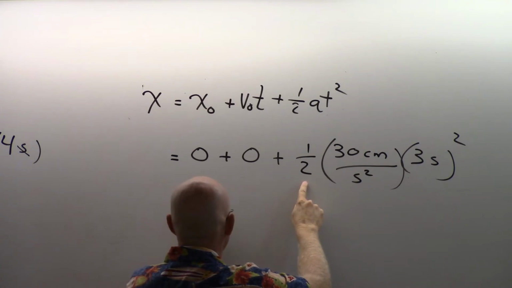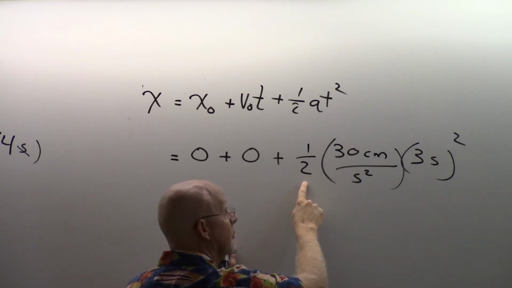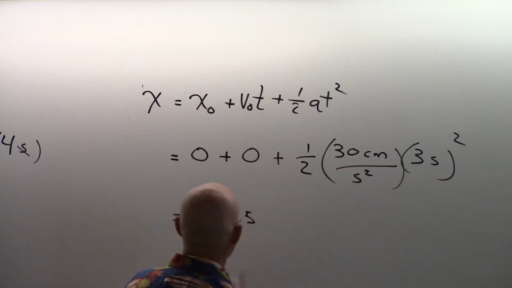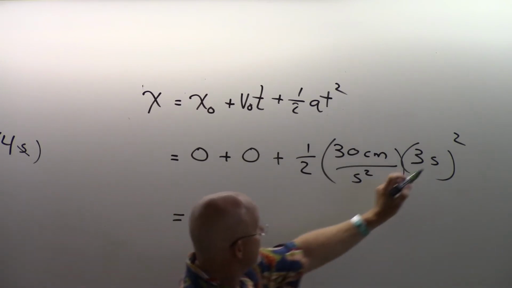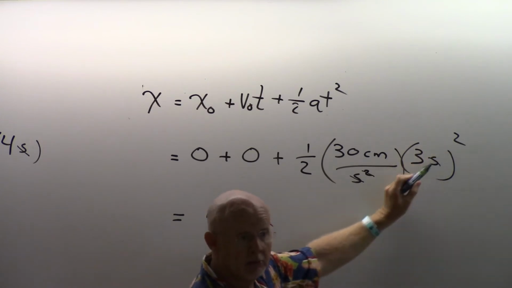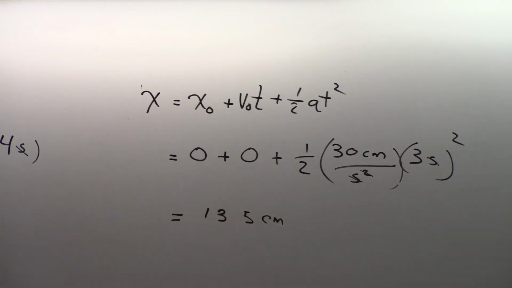Half of 27 is 13.5. Oh, and then a 0. So 135. Seconds squared would cancel with seconds squared. And so it'd be 135 centimeters. So that should be its position.